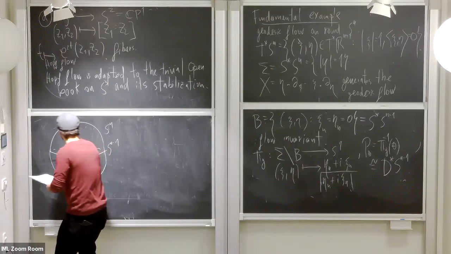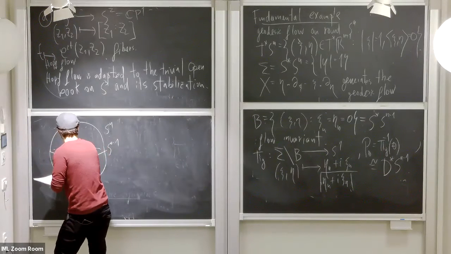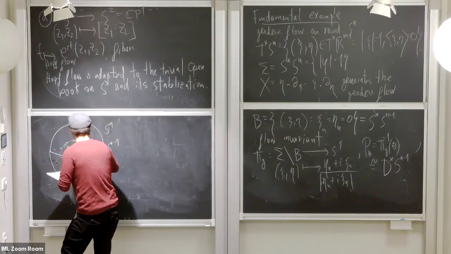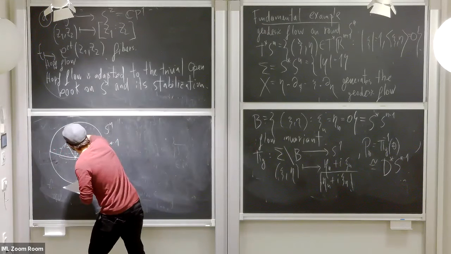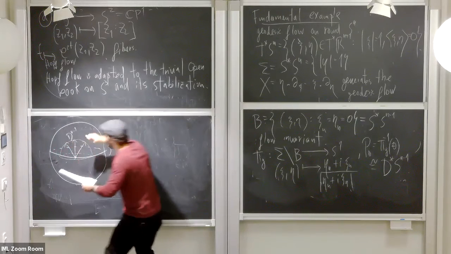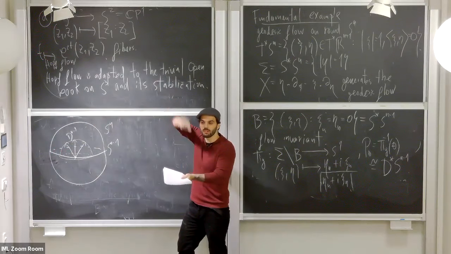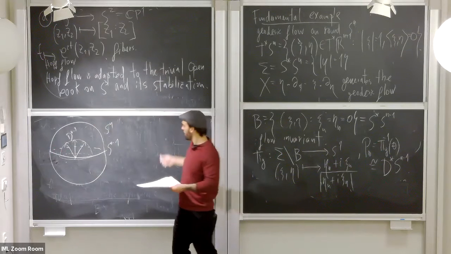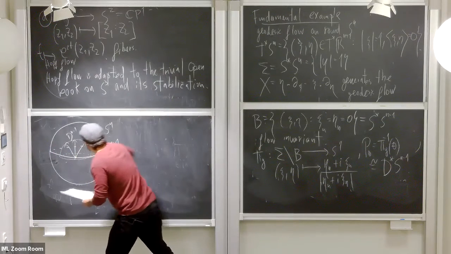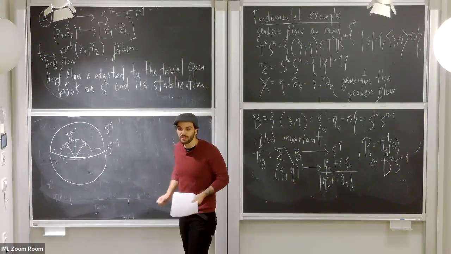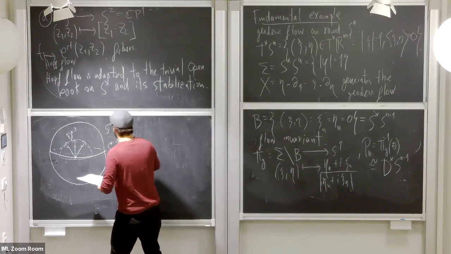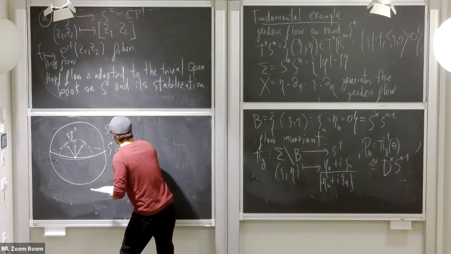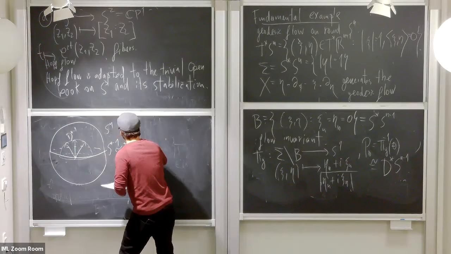So here I've got an n minus 1 dimensional disk, right? So this is an n minus 1 dimensional disk worth of directions which are positive, and this is the page, the 0 page of the open book. So this is like a copy of the disk cotangent bundle of Sn minus 1.